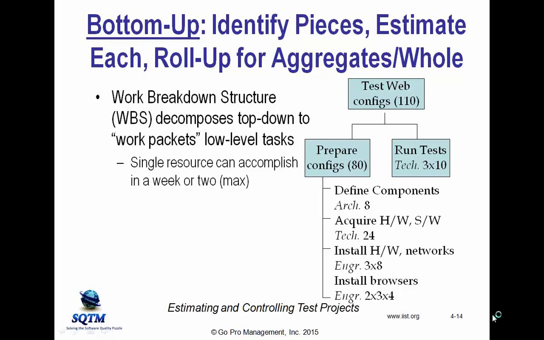So in this simple example, let's say that testing web configurations consists of two subtasks, preparing configurations and running the tests. When we do a work breakdown structure, we decompose the work down to low-level tasks that a single resource can accomplish, typically in a week or two or less.